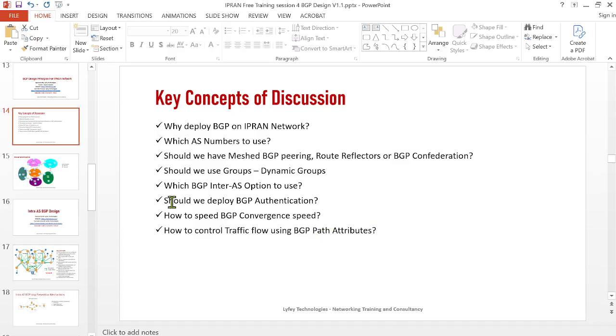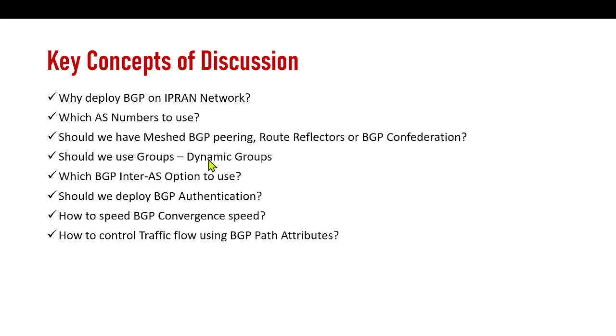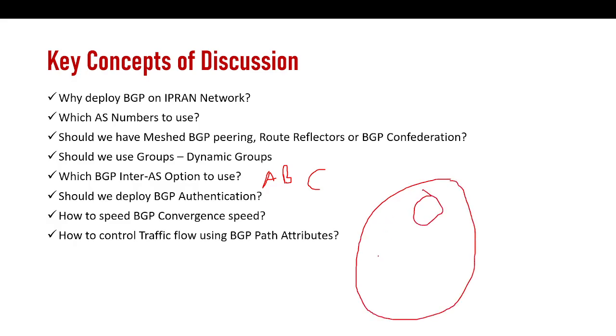So apart from the dynamic groups, we also have the BGP inter-AS options to use. So remember, in BGP we have three inter-AS BGP options. We have option A, we have option B, we have option C. Remember, IPRAN network, as much as it's one network, we also have different autonomous systems deployed. So you can choose which inter-AS BGP MPLS VPN option to use.